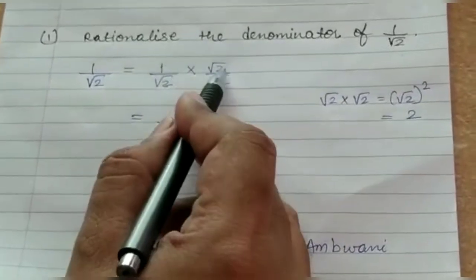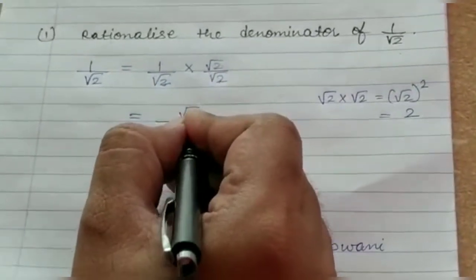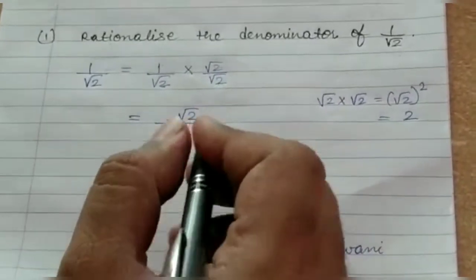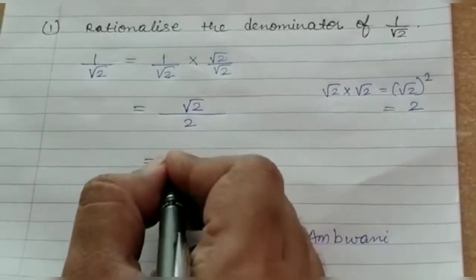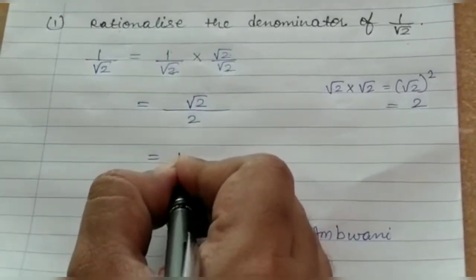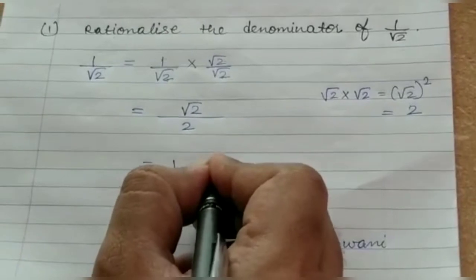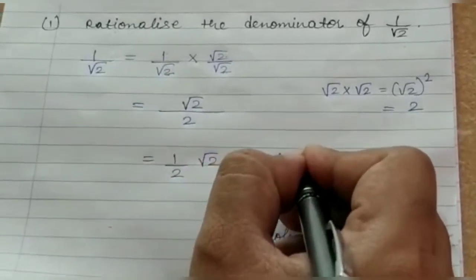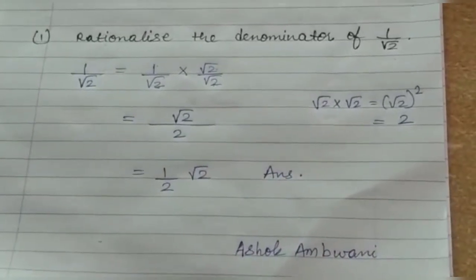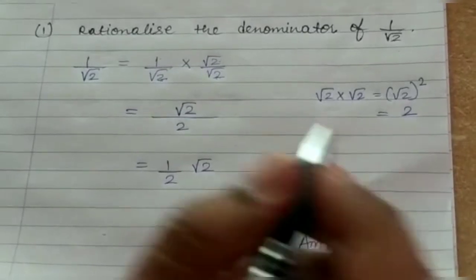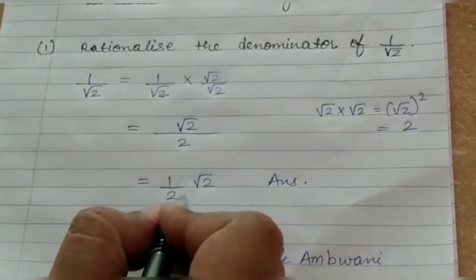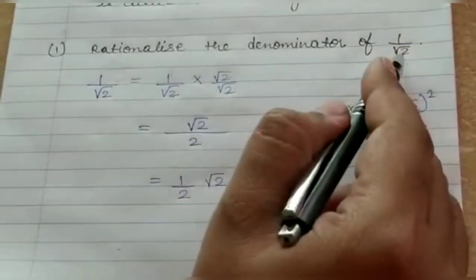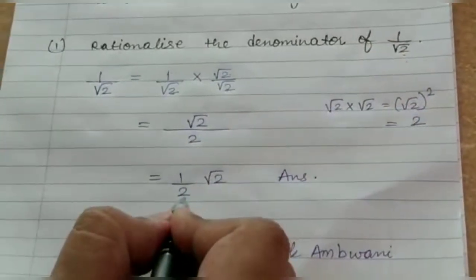And 1 multiplied by root 2 will be root 2. So our final answer will be root 2 by 2. This will be your answer. In this way we have rationalized the denominator. Here it was root 2, now it is 2.